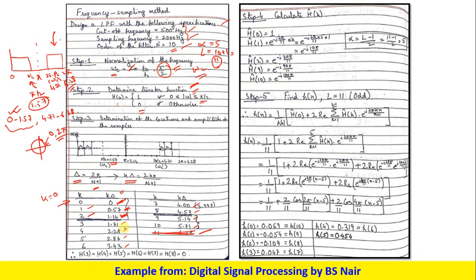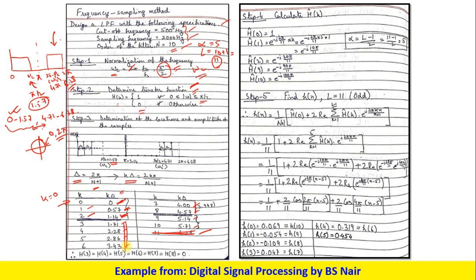This 1.71 falls in the stop band range, and it continues up to k equals 8; the values fall in the stop band range.